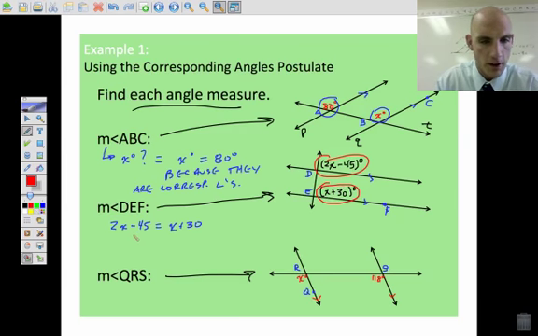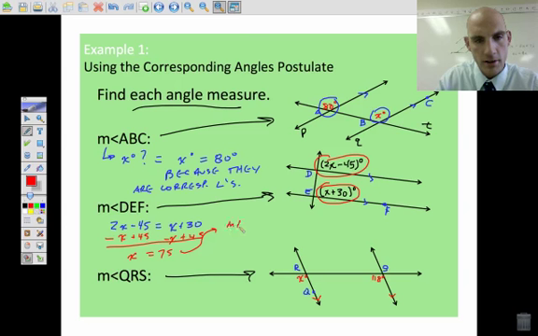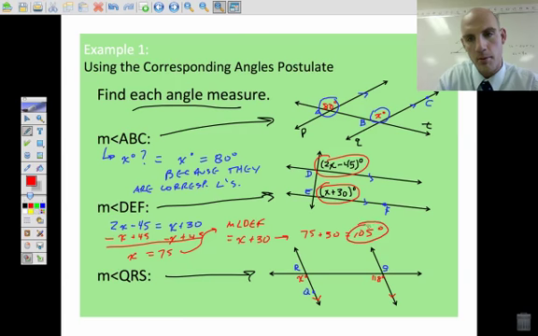So when I solve, I'm going to add 45 to both sides and subtract x. So I get x is equal to 75. I'm not done yet because now the measure of angle DEF is equal to x plus 30. That's going to give me x, which is 75, plus 30 is equal to 105. So we have to make sure we finish the problem.